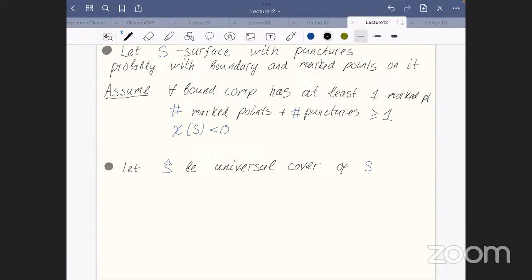So we have a triangulation, and I assume that the vertices are at the marked points and punctures, the special points which we have on our surface.